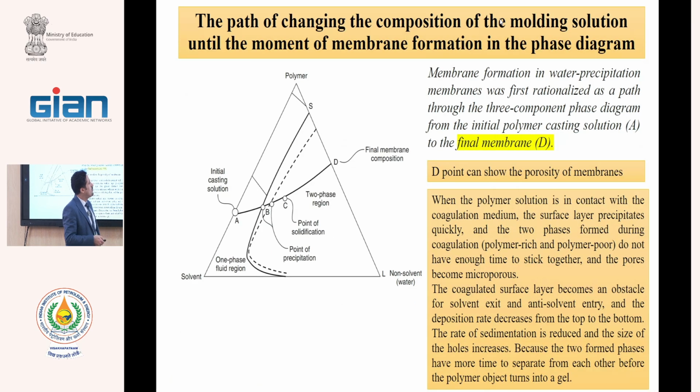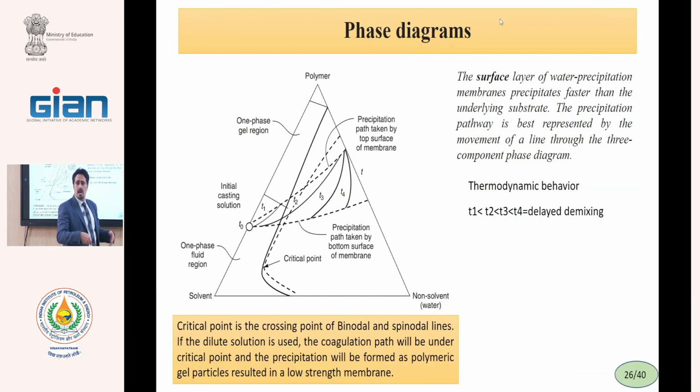But this diagram is very important for prediction of the membrane morphology, and why one membrane has a spongy structure, why one membrane is finger-like, and others that I have no time to discuss further.